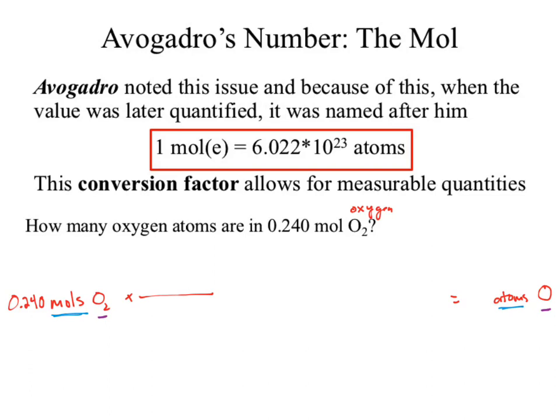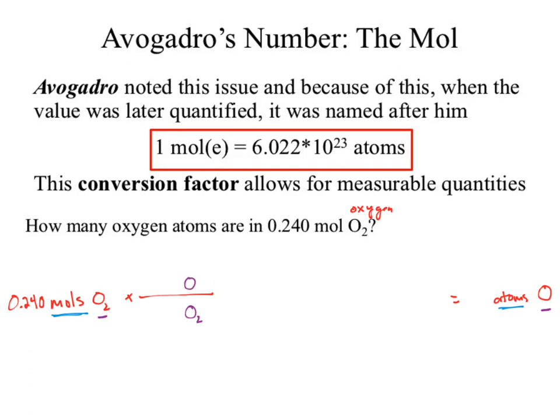Which conversion do you want to take a swing at? O2. Okay? So what we'll refer to in this case now is our O2, and I want to convert it to oxygen atoms. Okay? Or sorry, just oxygen at this point.